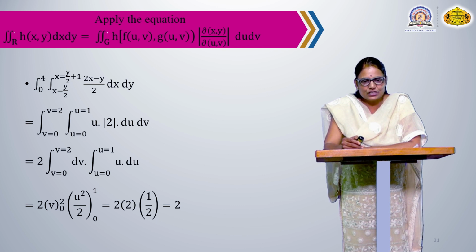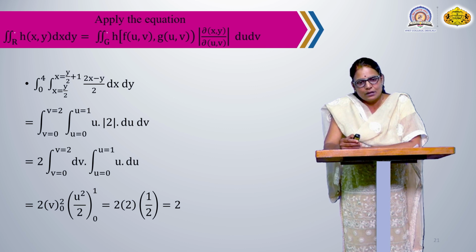So its integration is v, lower limit 0, upper limit 2. The integration of u is u square by 2, and now just apply the upper and lower limits. So 2 minus 0 is 2, and I write half outside, u square: put 1 square minus 0 square, it is also 1. Now it is very simple, you know how to simplify it. Just simplifying, we will get the answer 2.